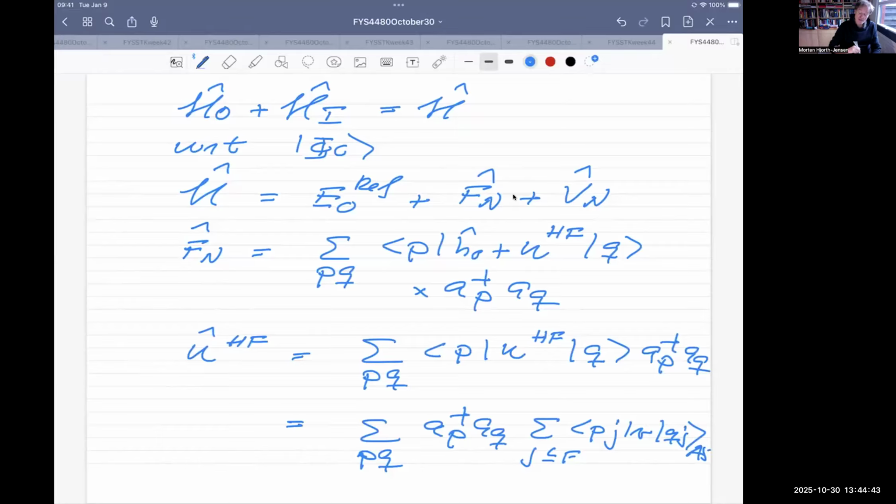Then, if we look at the interaction piece, the two-body interaction, so this is one part of the Hamiltonian which we now are going to look at. So we will have this term. So this comes from the two-body interaction with respect to the new vacuum. And then we need to look at this term here.